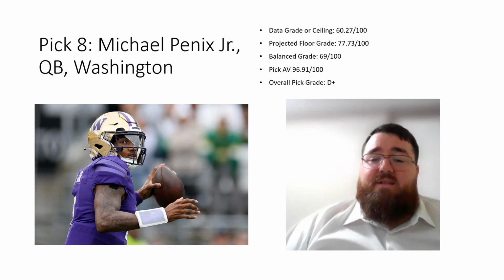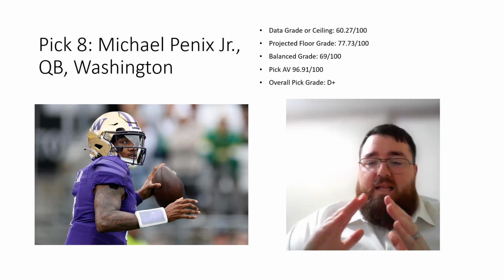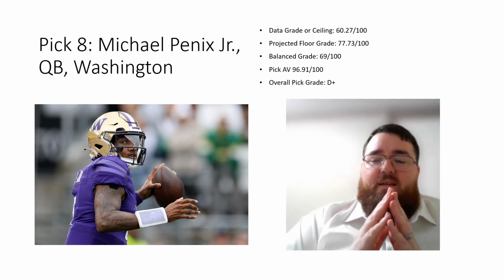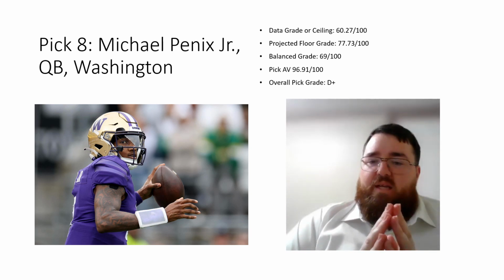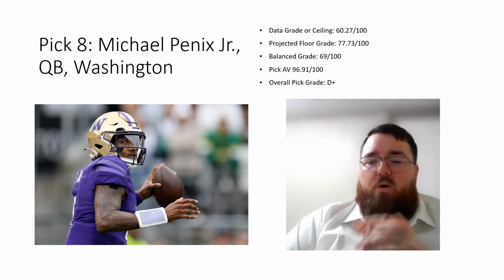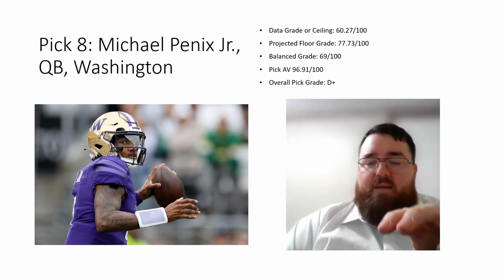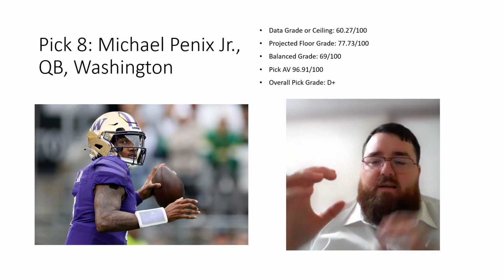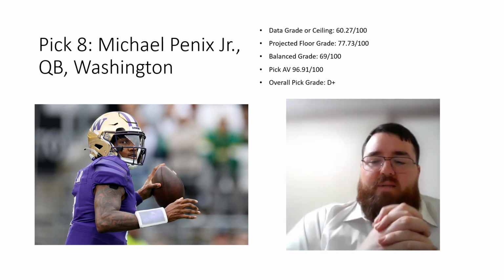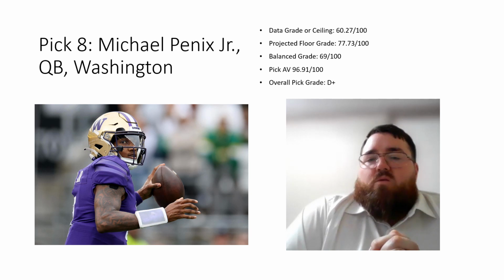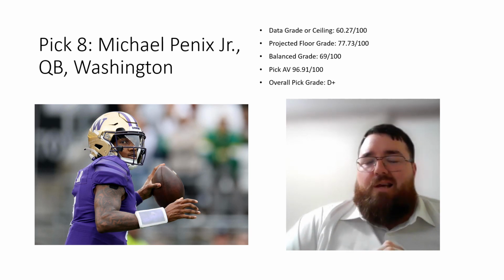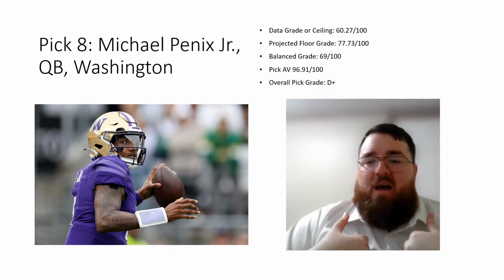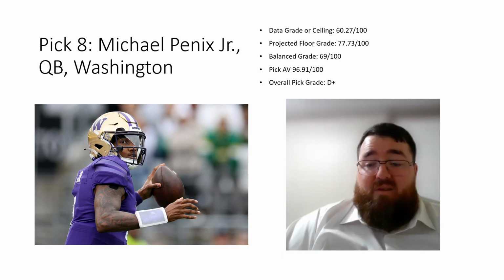The balanced grade takes his ceiling and his floor and averages those numbers to give you a balanced grade. So we're taking his ceiling based on data, and his floor based on data, and merging them together to give the most likely outcome based on the information we have right now that could be a possibility for him.